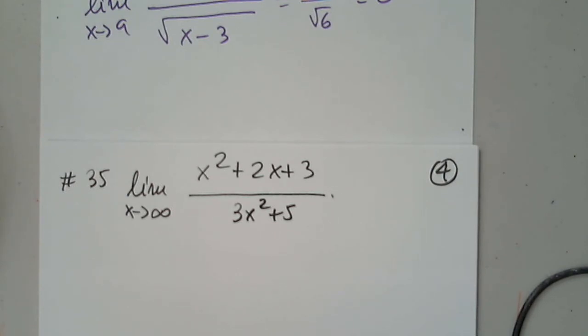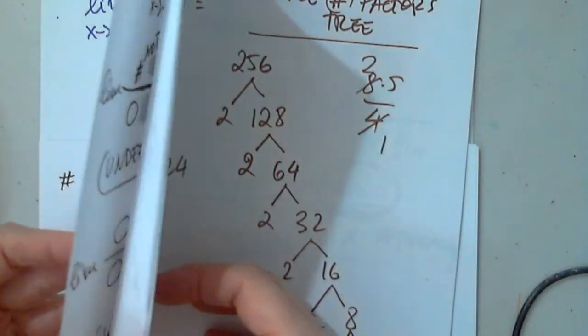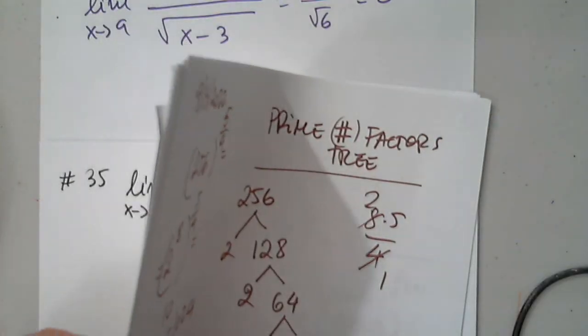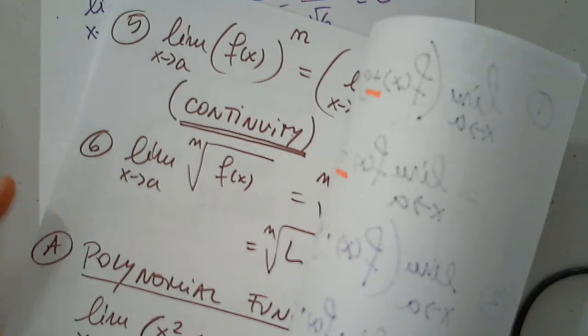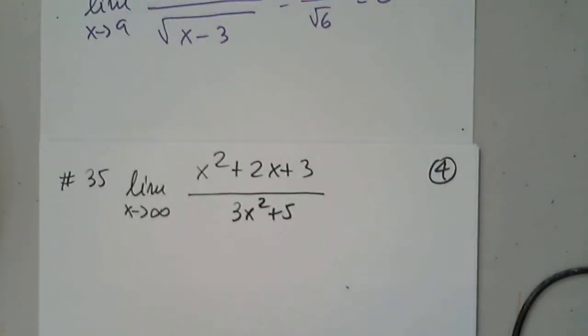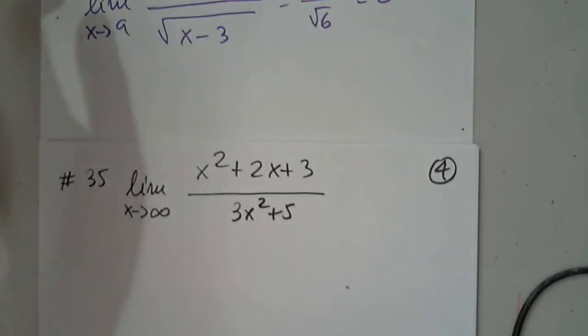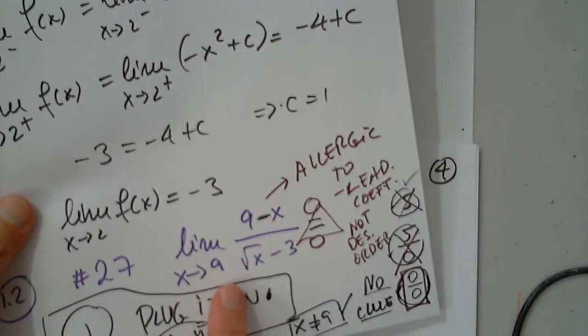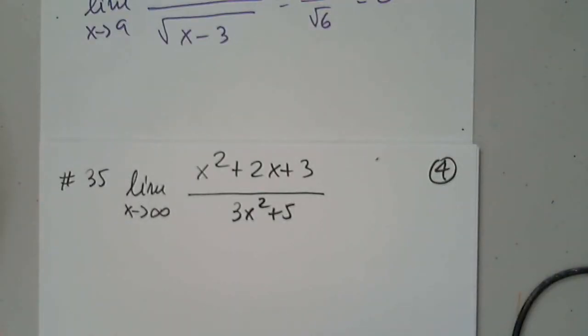Well, we have never seen this before. We had last time a limit when x approaches negative 3 from a rational function. We had when x approaches 3 from a polynomial function. We even had a combination today of rational and a radical, but x approaches 9. All of a sudden, where is this coming from?